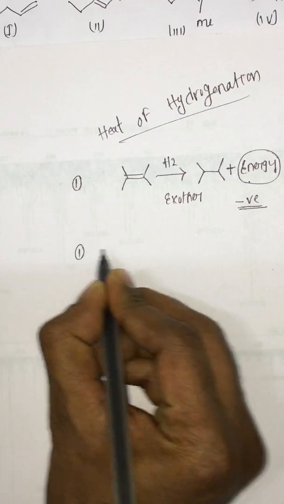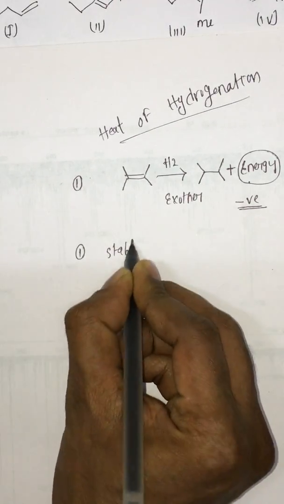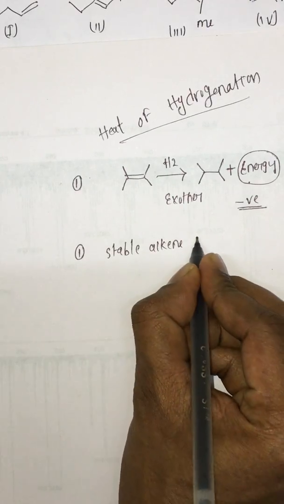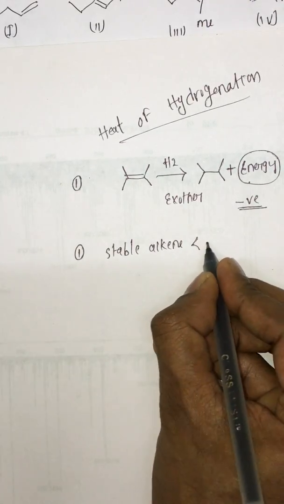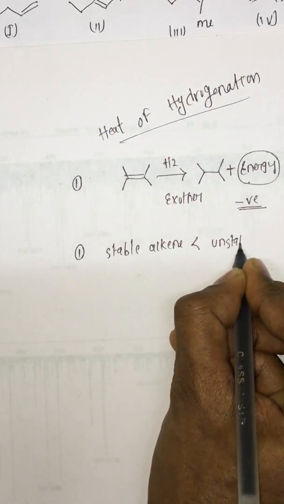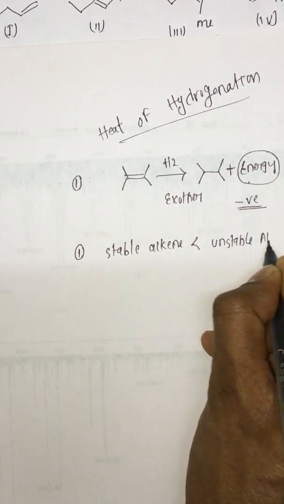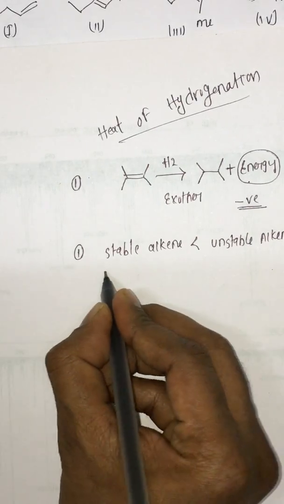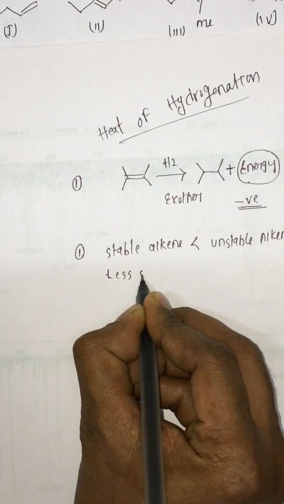The first point is stable alkenes have less heat of hydrogenation than unstable alkenes. So we can say this one is a less substituted alkene.